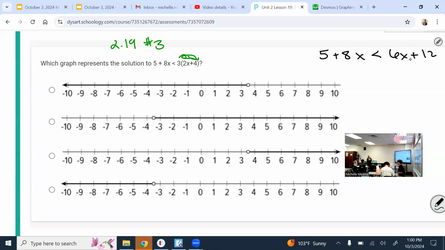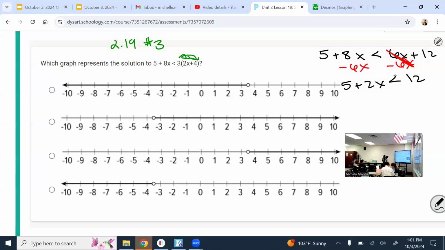I do need to move the variable to one side. Which one do we always recommend you move? And how do I cancel it out? So then I get 5 plus 8x minus 6x less than 12. Now it's just a 2-step.